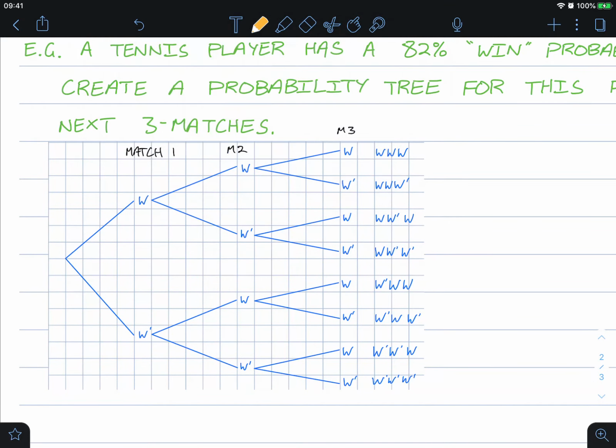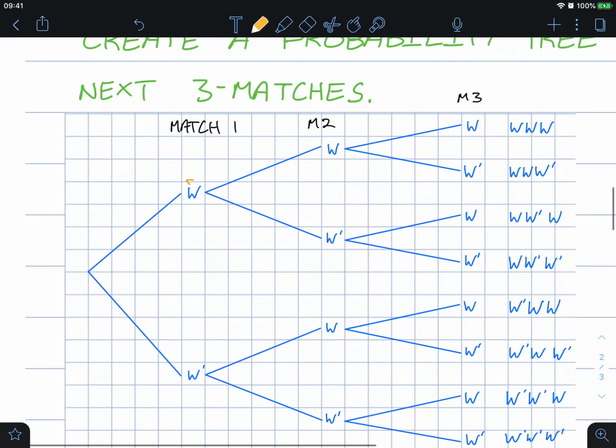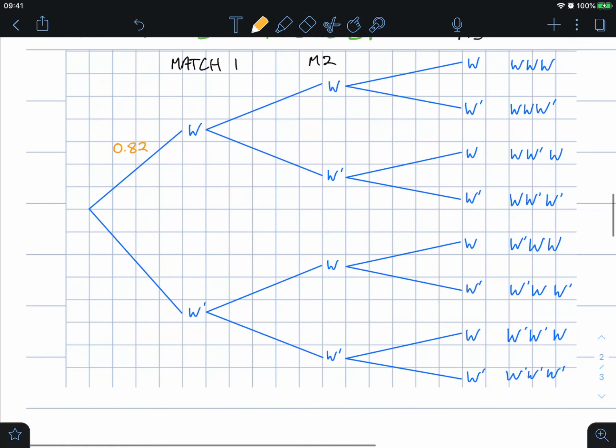So completing this, we have to include this descriptor here, 82% chance of winning. Well, if this is the win branch, the probability we write here is 0.82 because that is 82%. Well, if it has an 82% chance of winning, the probability that he loses, well, shouldn't that be 100% minus the 82% chance of winning, right?